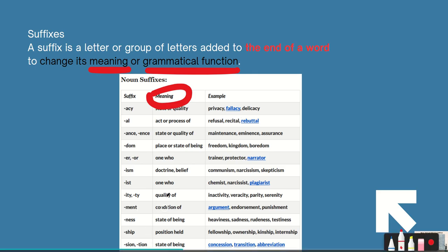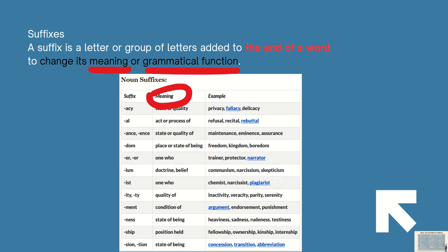For example, IST. A word with IST added at the end usually means a person, one who, right? Chemist, narcissist, plagiarist. Maybe these words are too difficult. Let's talk about dentist, psychologist, scientist, and what else?